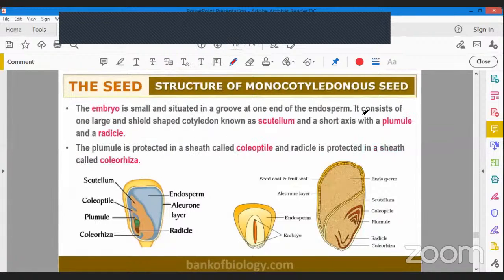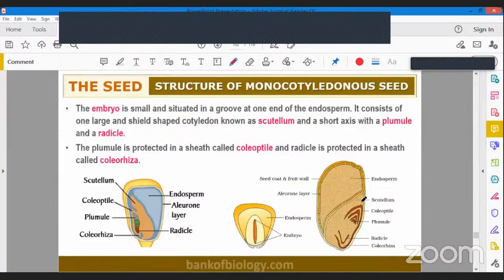So next one. Here, if you see rice, you can understand. There's a ridge at the end, where the embryo is present, and the rest is all the endosperm. Now, it consists of one large and shield-shaped cotyledon called the scutellum, and a short axis with the plumule and the radicle.